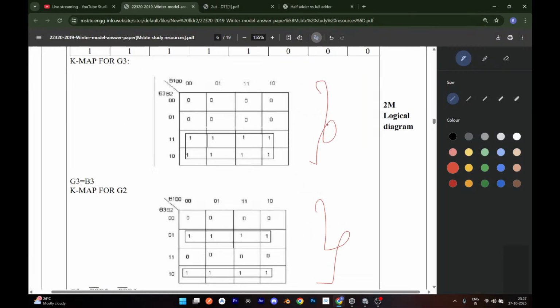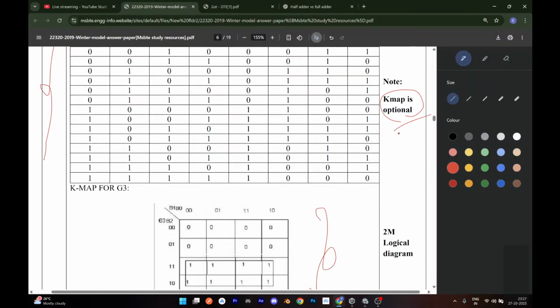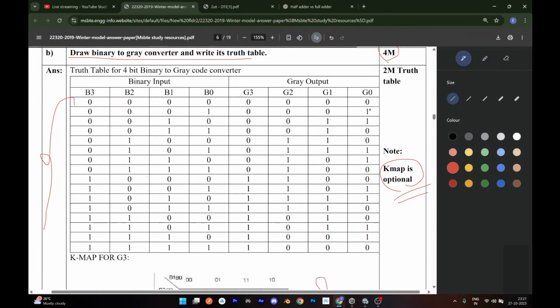As mentioned here, the K map is optional, but in terms of learning, we'll learn everything given here. If we look properly, 0, 0, 0, 0 gives 0. 0, 0, 0, 1 gives 1. Again 0, 0, 1, 0 gives what? 2 raised to 0, 2 raised to 1, 2 raised to 2, 2 raised to 3.